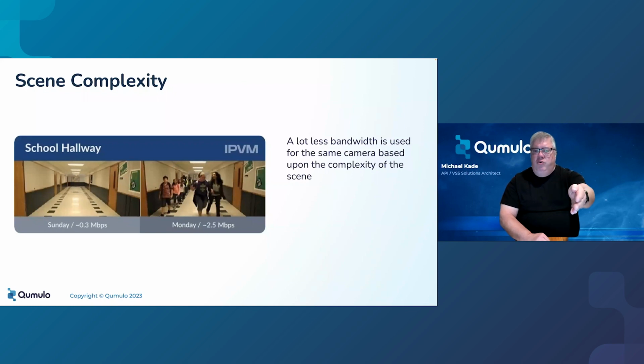The reason you want to do this versus motion capture is that motion capture takes a while to turn on. It's not instantaneous for both the camera and the software to start to recognize. This is the preferred way in modern video surveillance systems: allow the camera to use what's built in, which is variable frame rate, and that changes the scene complexity.